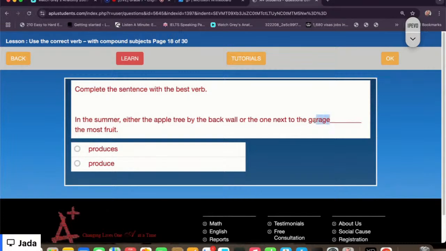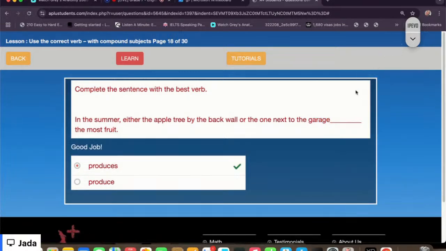So garage what? Single. So we have a singular verb.